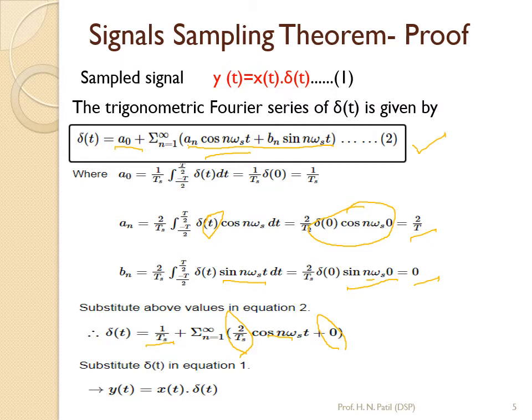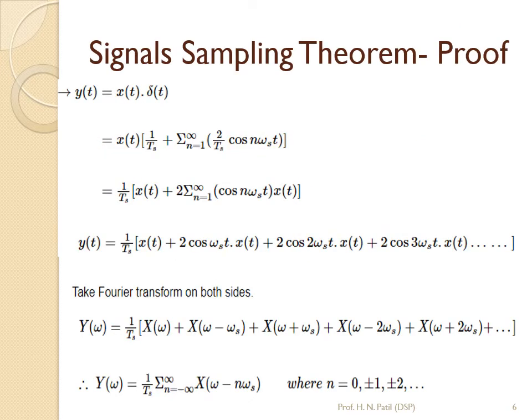Now this value of delta t, we will substitute in equation number 1. So we will get the next equation as y of t is equal to x of t into delta t. So here we are putting the substitution of delta t. So it becomes this one from the previous slide: 1 upon ts summation 2 upon ts cos n omega s t.